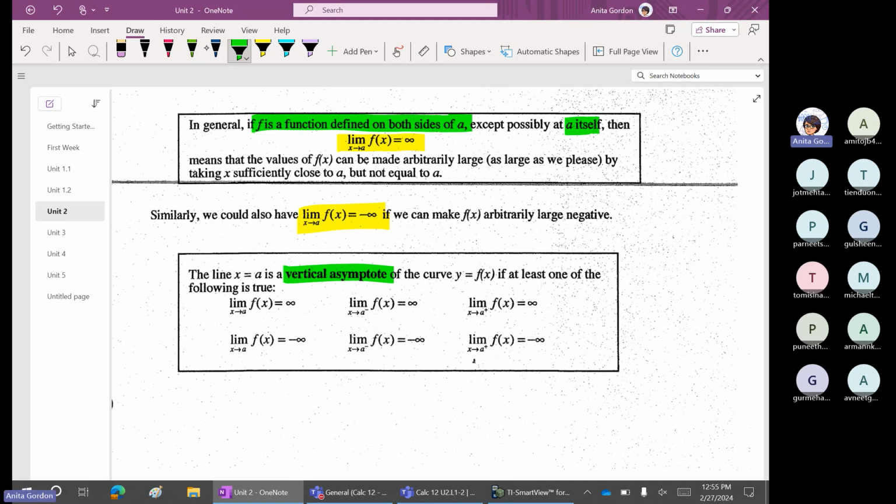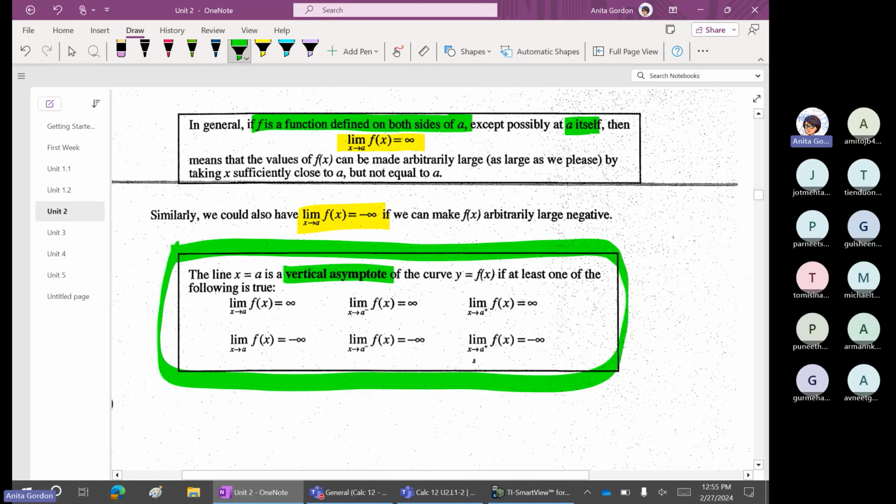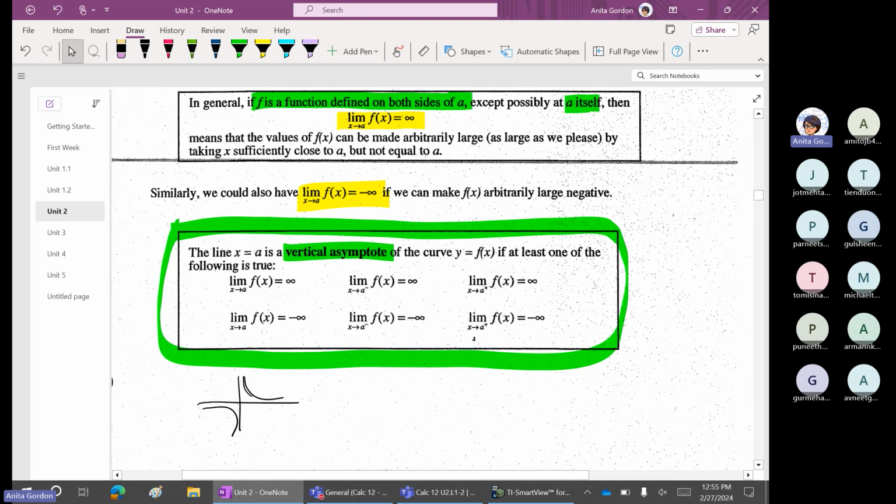Okay, so box this. Your definition, all the different possibilities of a vertical asymptote, is if we have a limit that goes off to infinity from either direction. So you can have something that goes like this, right? As x approaches 0, the right side's going to positive, the left side's going to negative, but they're both going to infinity.